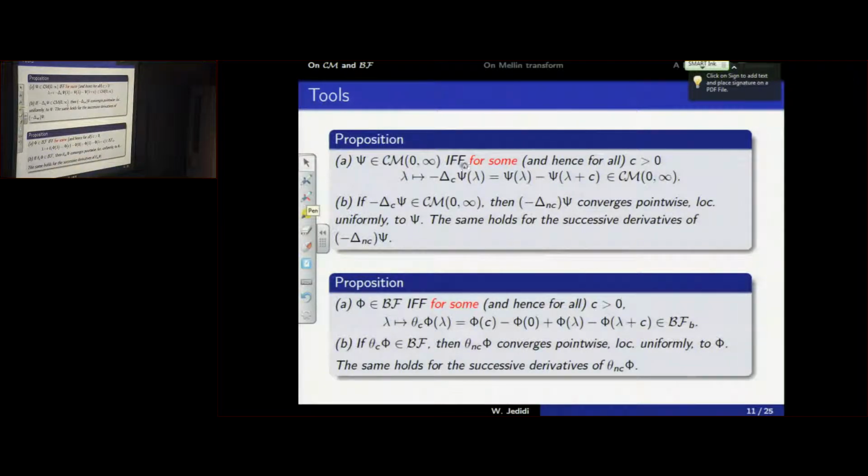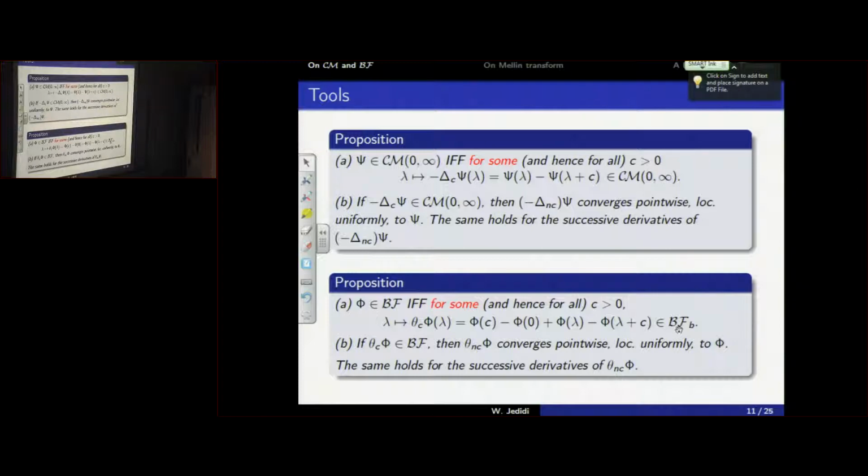We used these tools based on the delta difference. First of all, notice that you have preservation of complete monotony property under the delta operator and theta operator for Bernstein functions. Here, the theta operators make any Bernstein function bounded.